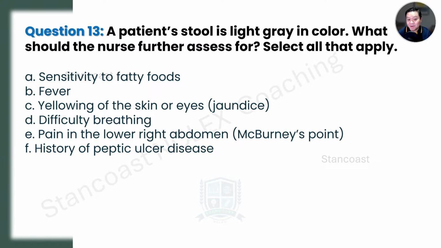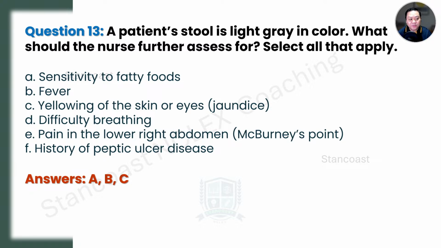The correct answers are letters A, B, and C. The light gray color in the stool suggests that there is a lack of bile. This is the result of bile duct blockage, so the stool will lack that pigmentation or color.